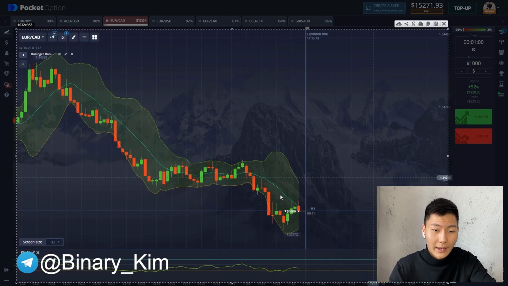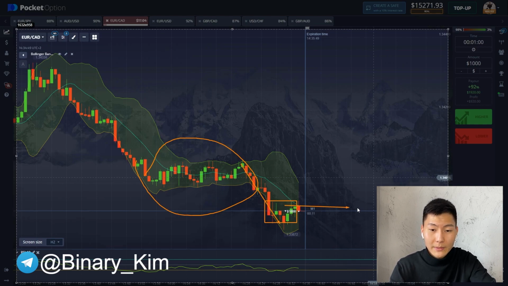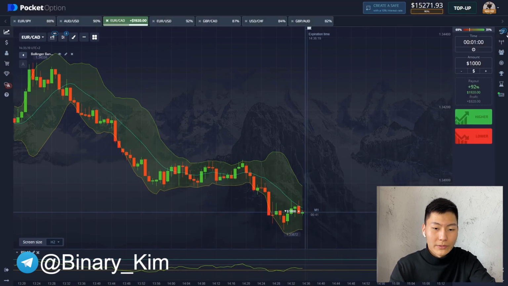I will point out the workspace, and downward dynamics dominates here. The channel was getting narrow in this area, and here it expanded dramatically. We might have assumed that the rebound was gonna happen here, and then the future correction took place. Here's a little pullback, quite a nice one, after which the price is gonna continue going down, following the trend direction.